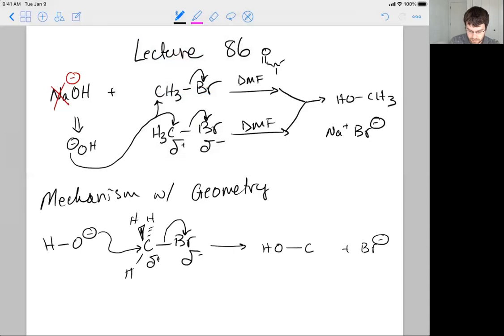What happens to the carbon is interesting. It needs to maintain its tetrahedral geometry. And as a result, it's going to flip all of the hydrogens. So in this case, the hydrogens were all pointing one way. And then as a result of the reaction, the nucleophile comes in, and they're going to have to spread out and flip over and face the other way. This maintains a tetrahedral geometry.